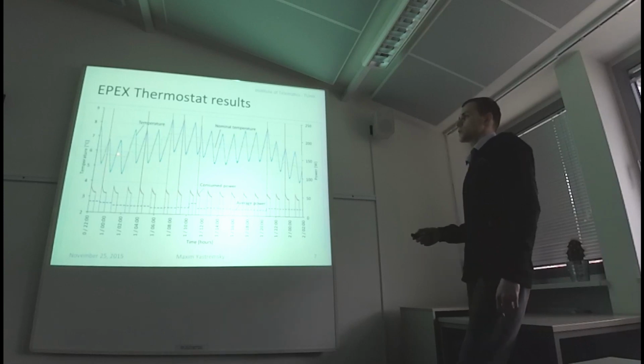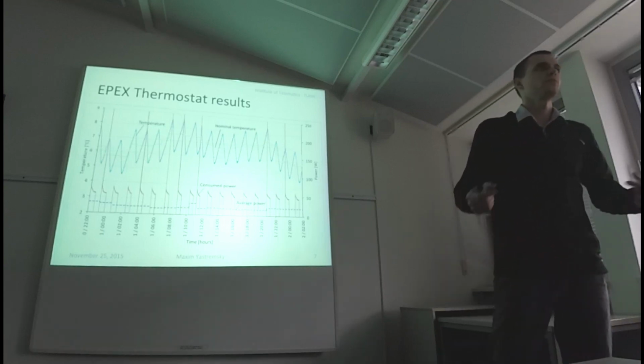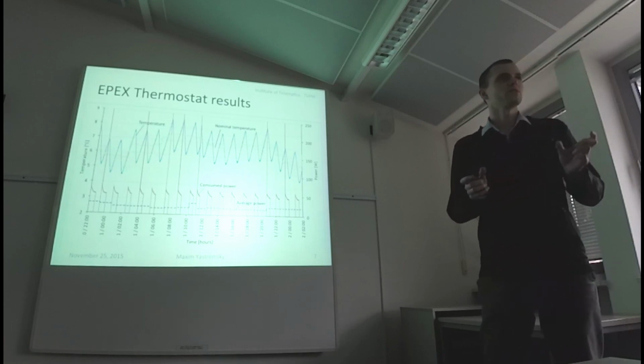As you can see, when the price is low, the nominal temperature is also low. That provides more power consumed by the refrigerator, and a high price indicates the times when the refrigerator consumed less. Please ignore this step, which was caused by a sudden increase of the temperature. Probably somebody opened the fridge door for too much time.